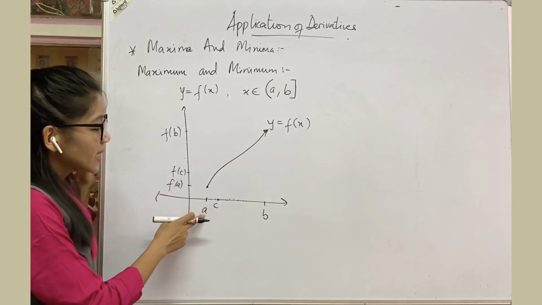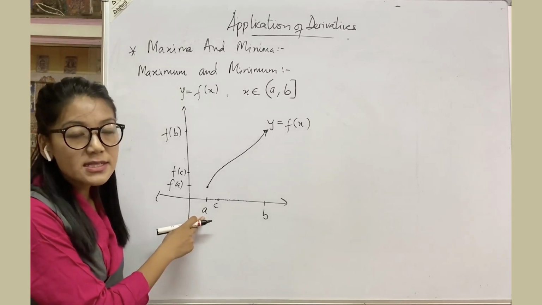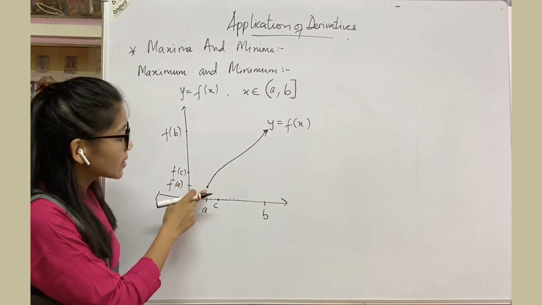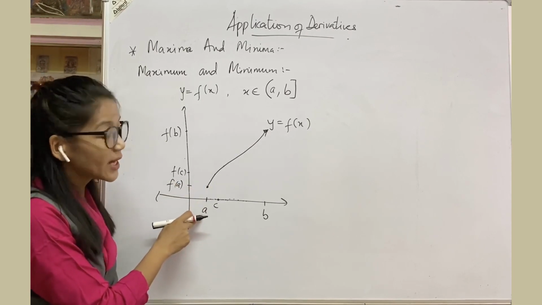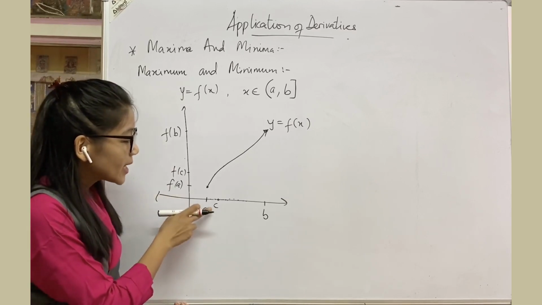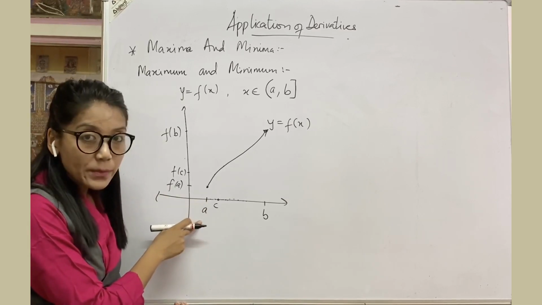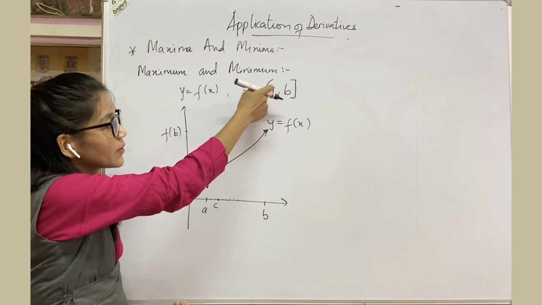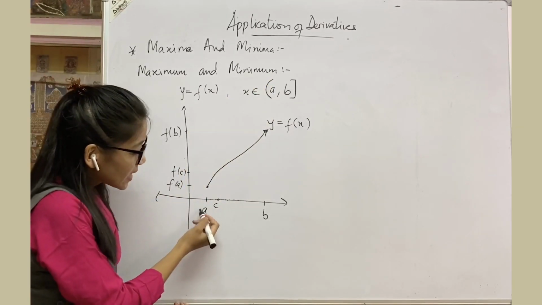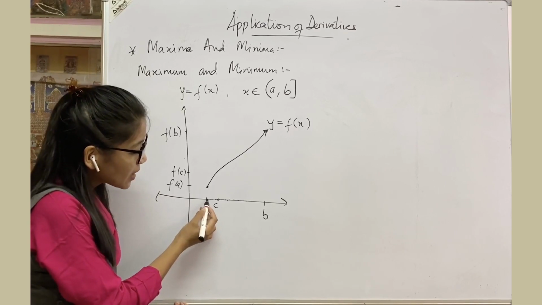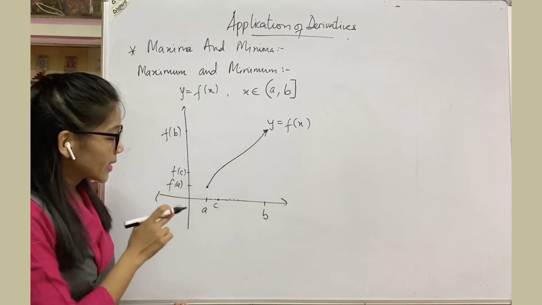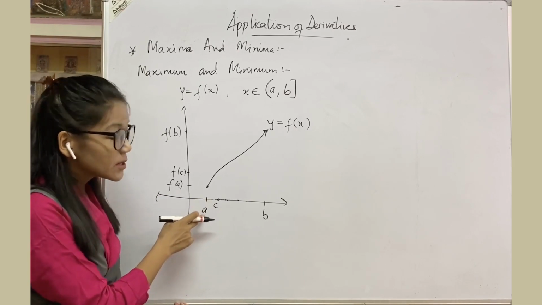Since a is to be excluded, x will not take the value a. We can see graphically that if x is equal to a, then at a the function is attaining its minimum value. But if I exclude a, because we are given an open interval, then can you find the nearest point to a?